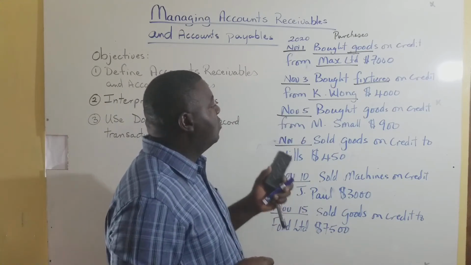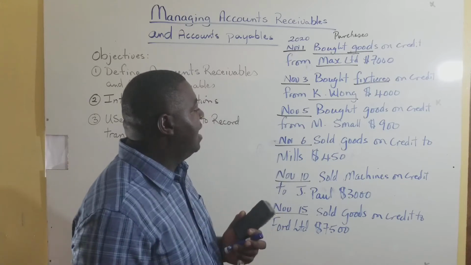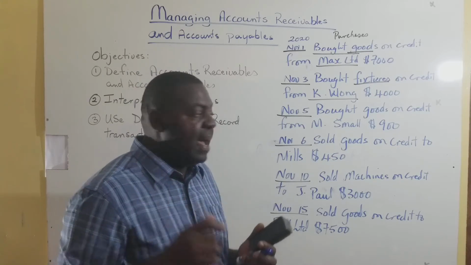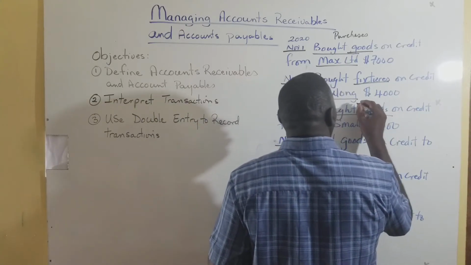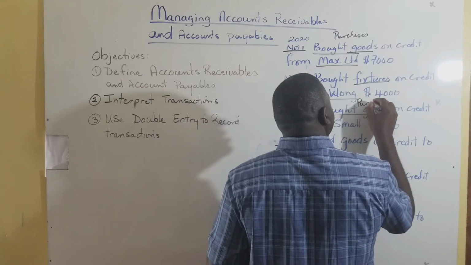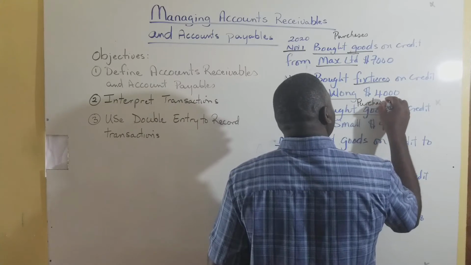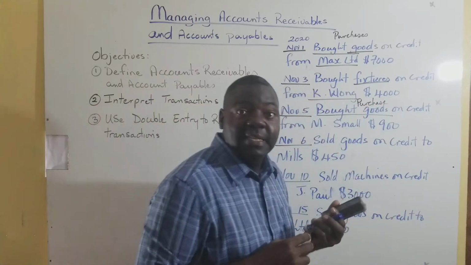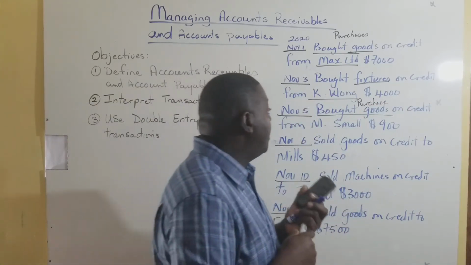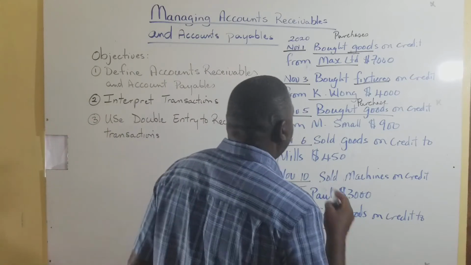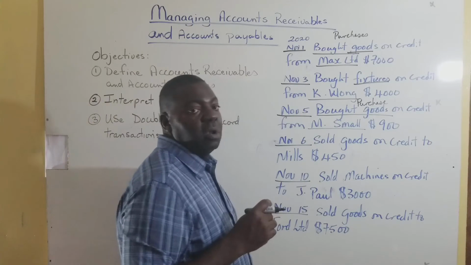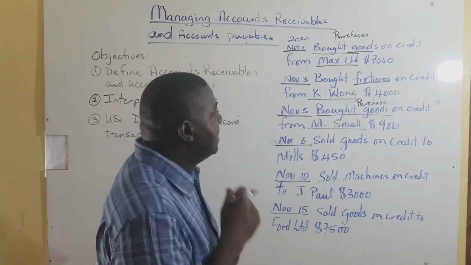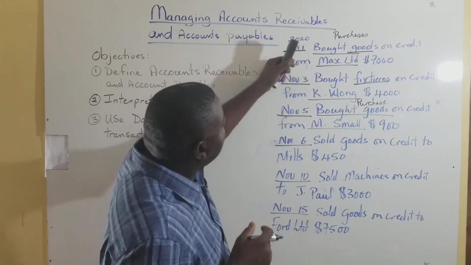We bought goods on credit from M small. What are we buying? Goods. And once we're buying goods again, what do we say we open? A purchases account. Very good. That means you have been getting it quite well. So it's a purchases account we open. And who are we buying it from? M small.